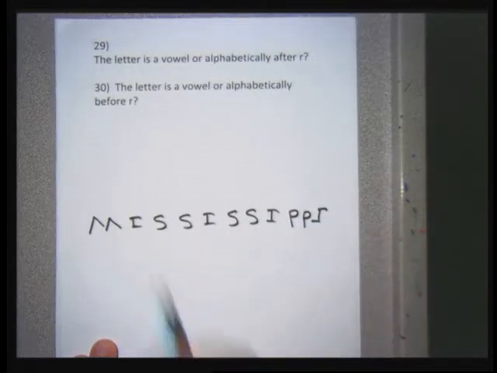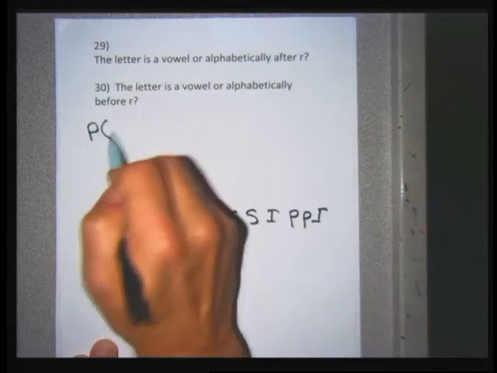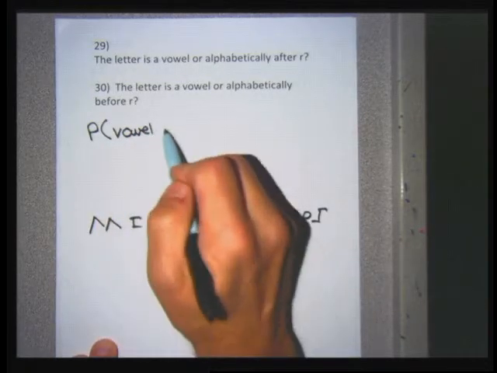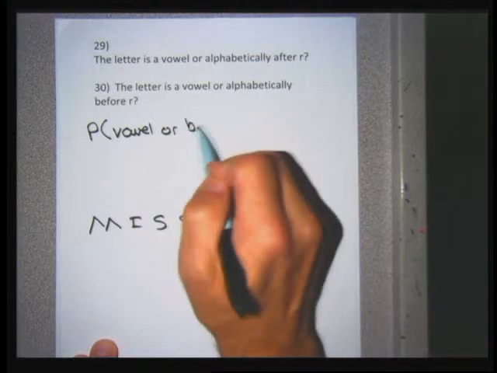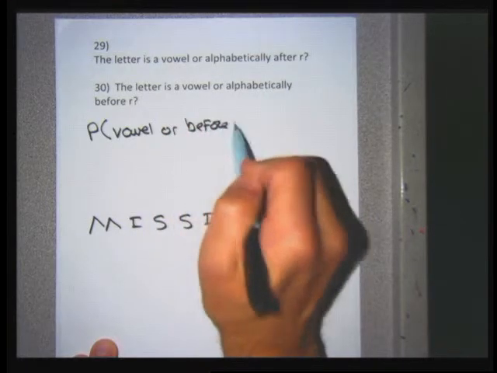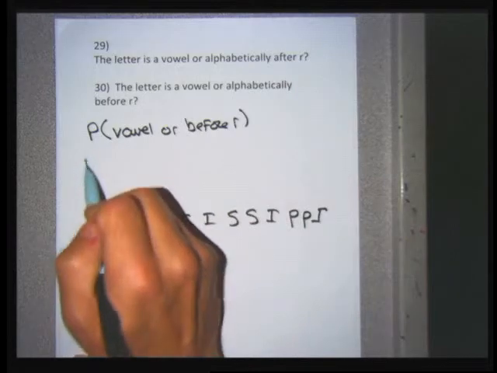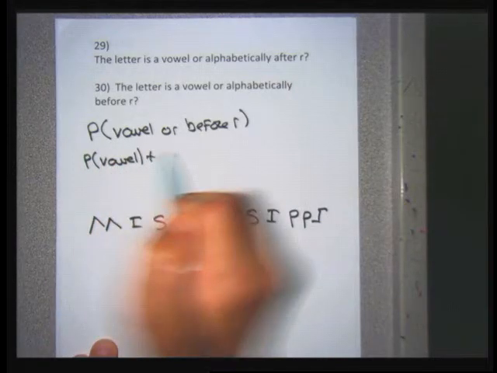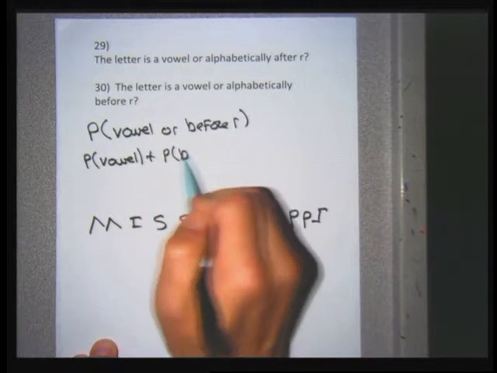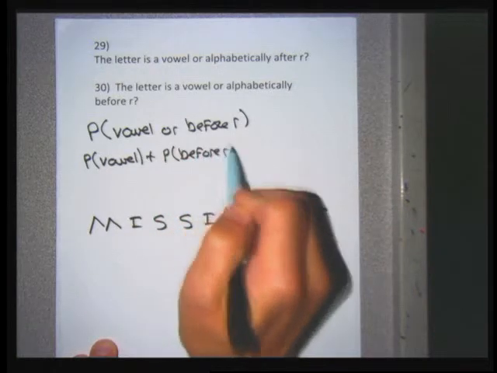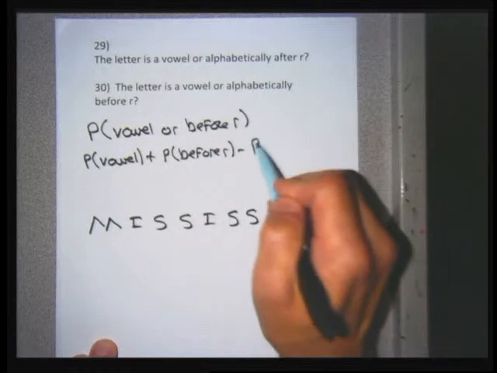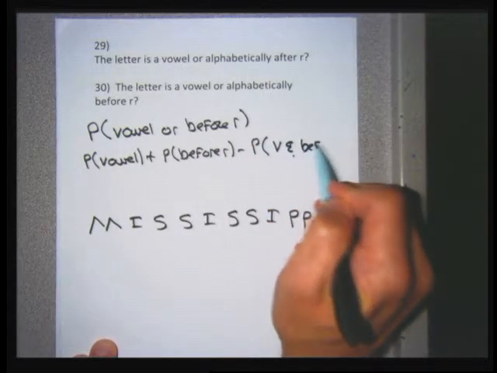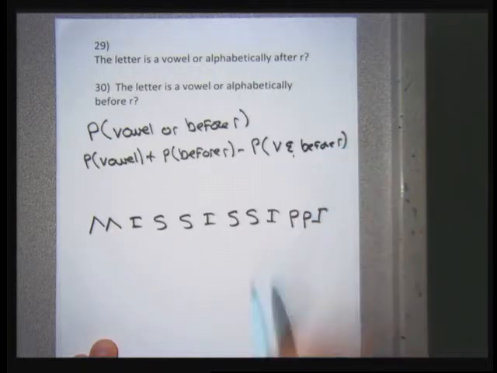For number 30, I want the probability of getting a vowel or alphabetically before R, which is going to be equal to the probability of getting a vowel plus the probability of picking a letter alphabetically before R, less the probability of both a vowel and before R. Just crunched down there.